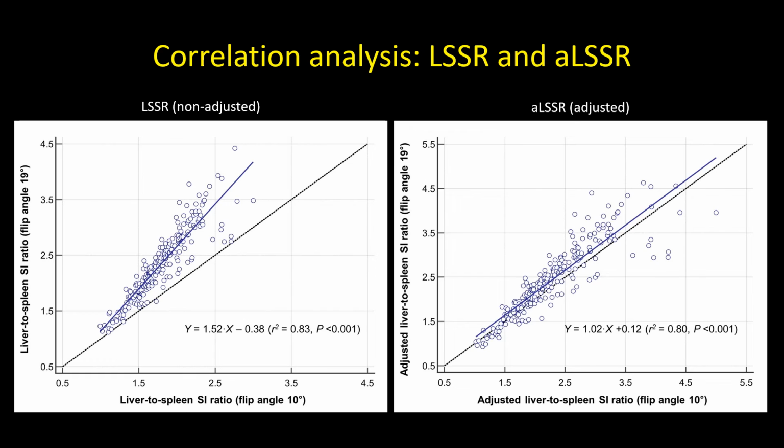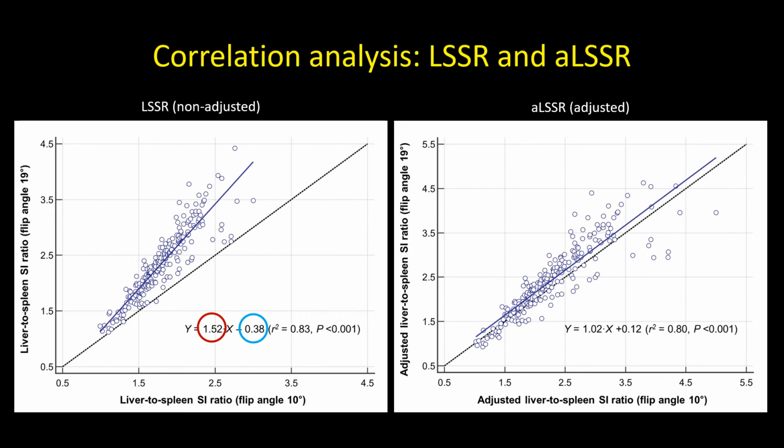In patients who underwent two sets of MRI using different MRI parameters, as shown in these scatter plots, the LSSRs measured on flip angle of 19 degrees images were overestimated compared with those measured on the flip angle of 10-degree images, with a regression slope of 1.52 and an intercept of 0.38.